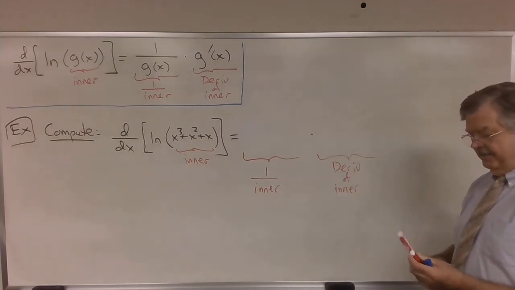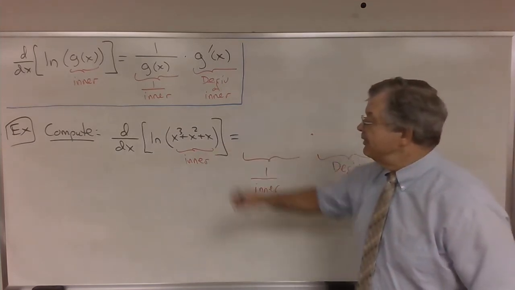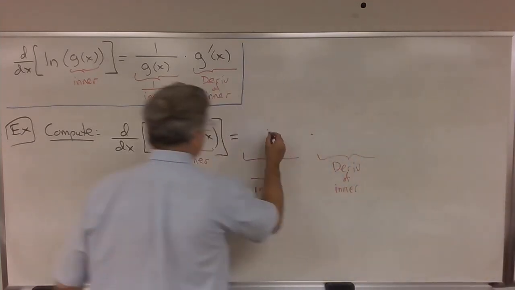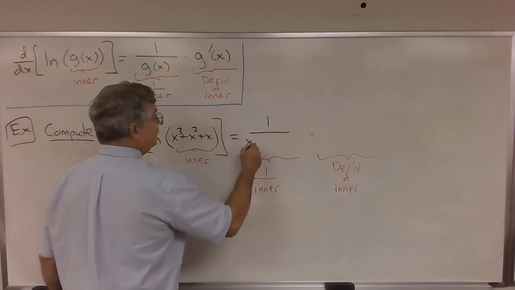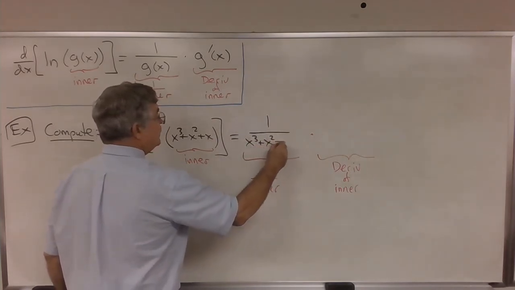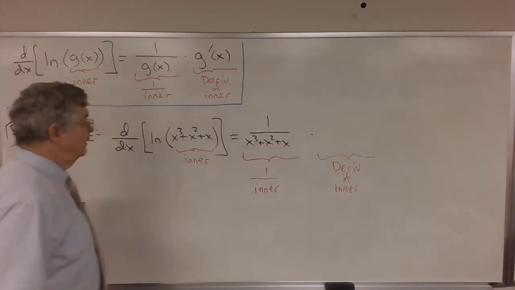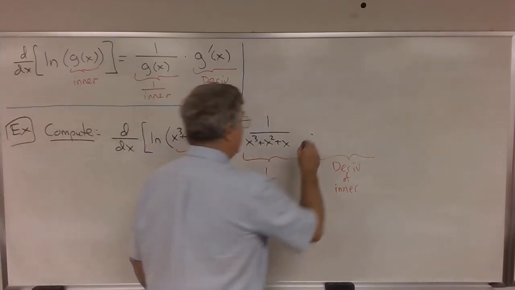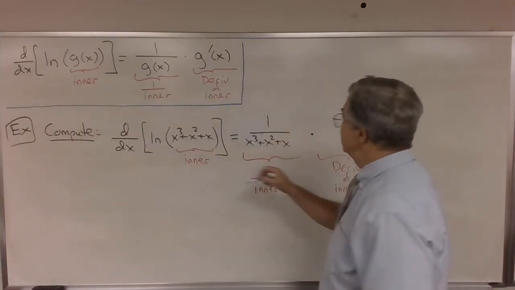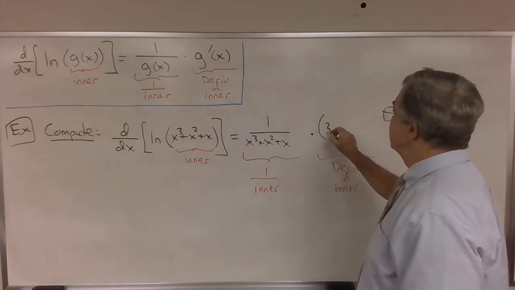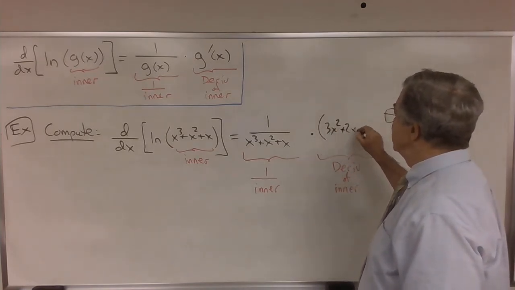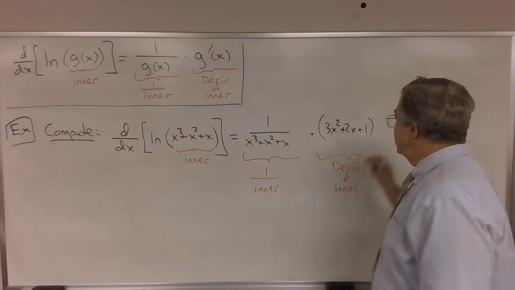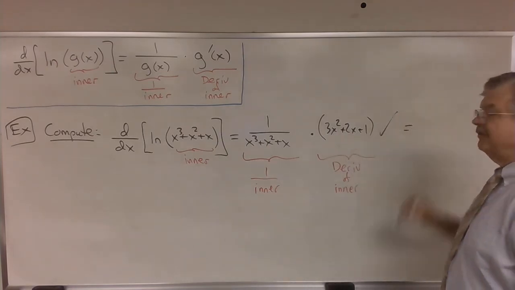So let's do it. 1 over the inner function, 1 over x cubed plus x squared plus x. So 1 over the inner times derivative of the inner, 3x squared plus 2x plus 1. And if we leave it like that, that's fine.